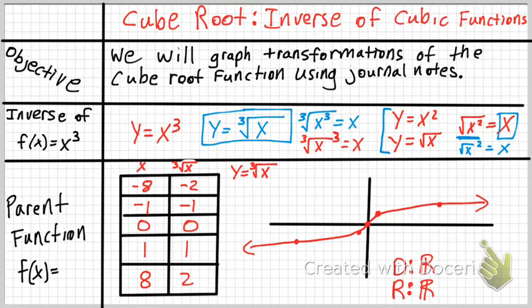Then I have this center point, and my center point here is going to be 0, 0. So let's go ahead and graph some of these functions. Now we're going to be transforming our parent function.